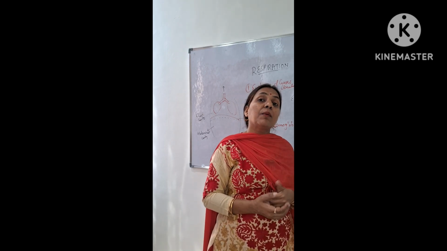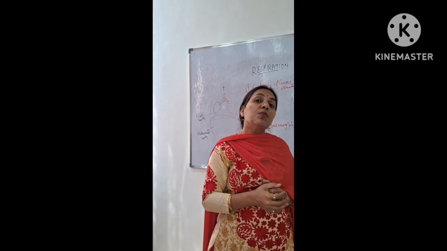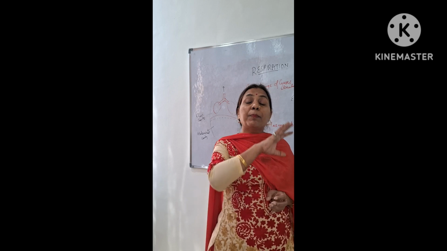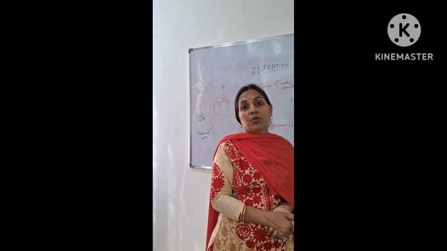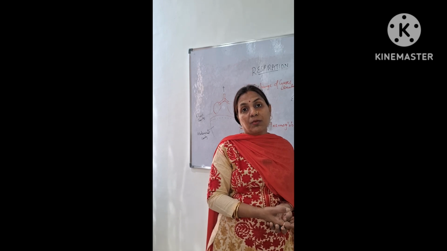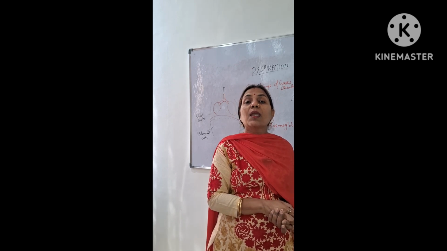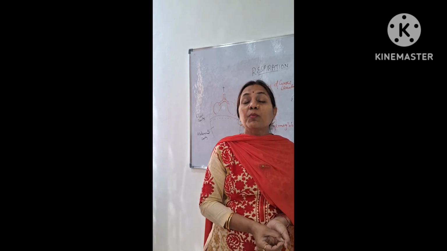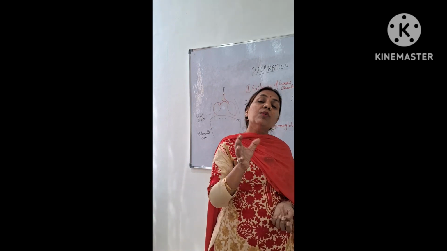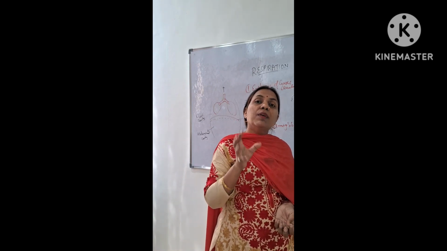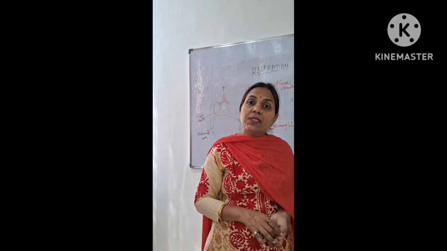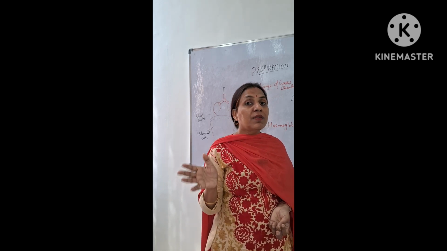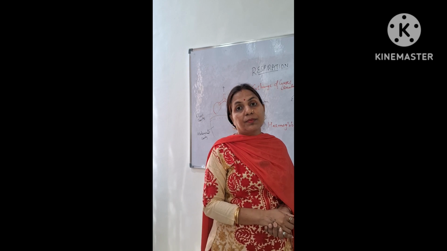So if we inhale that carbon monoxide, it has more affinity with hemoglobin than oxygen, and that forms a permanent molecule known as carboxyhemoglobin, which is very difficult to break down, and this results in what we call carbon monoxide poisoning. Carbon monoxide poisoning is caused when the carbon monoxide inhaled by us combines with hemoglobin, and ultimately it can even lead to the death of the individual.